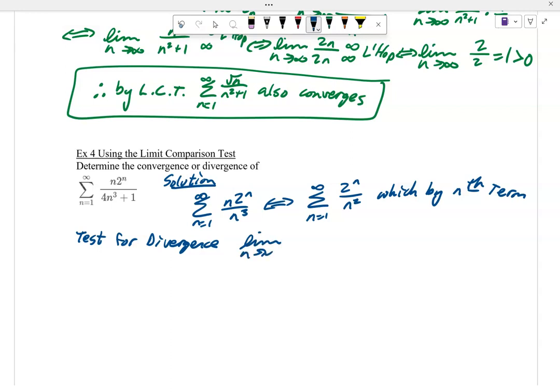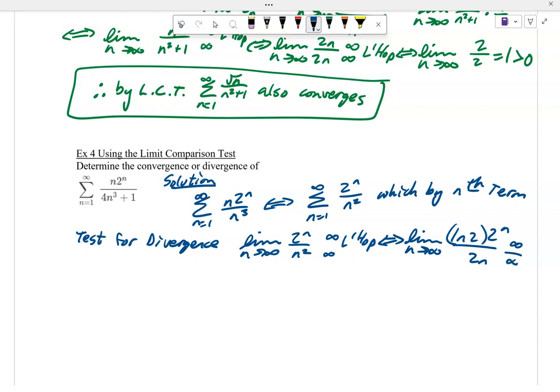If I run the limit on this, 2 to the n over n squared, see how we have infinity over infinity? So I could use L'Hopital's, which gives me the natural log of 2 times 2 to the n over 2 times n. I'm still infinity over infinity, so I want to use L'Hopital's again.